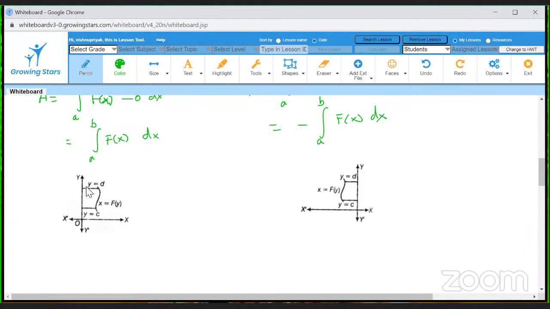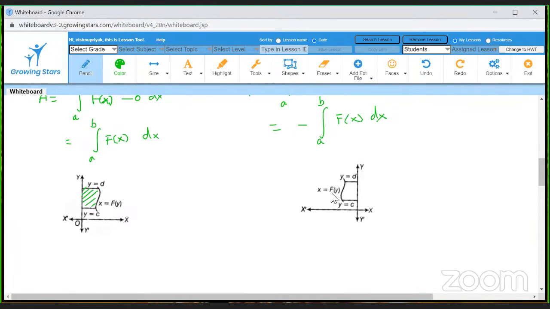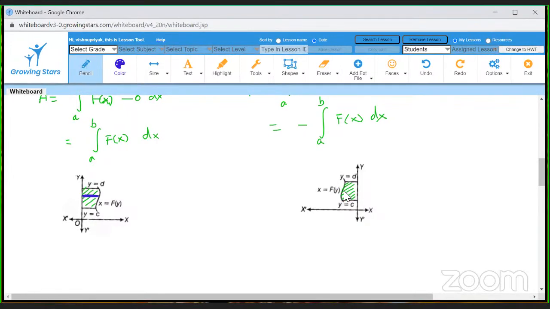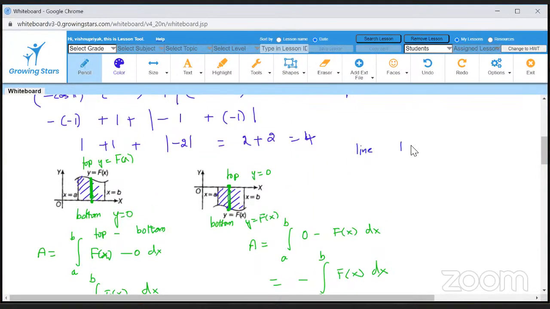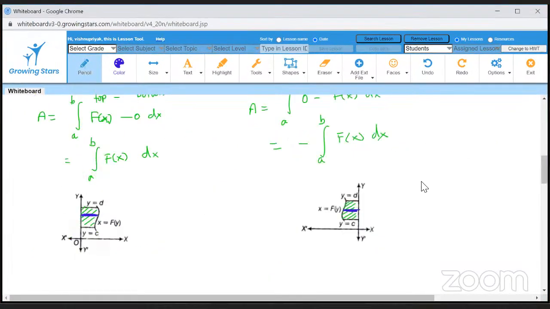You have to find the area between y-axis and the curve. So here also, you can draw a line, but this time you will draw a line like this. So remember how you are drawing the line. The line should always be perpendicular to the axis. Perpendicular to x-axis, here perpendicular to y-axis.